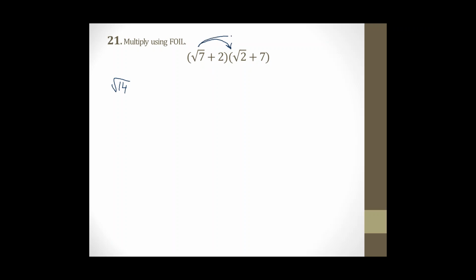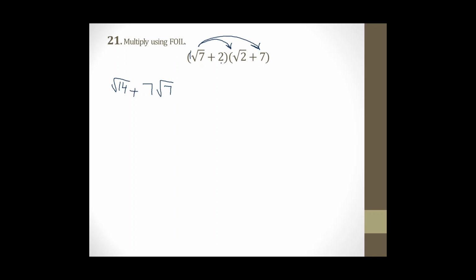Then the outer terms, so square root of 7 times 7. If you're multiplying a radical times a number, just keep the same thing together. I can put an imaginary 1 in front, and I'm going to multiply this imaginary 1 times the number 7, which is a positive 7, and then the square root has nothing to multiply by, so it just hangs on.